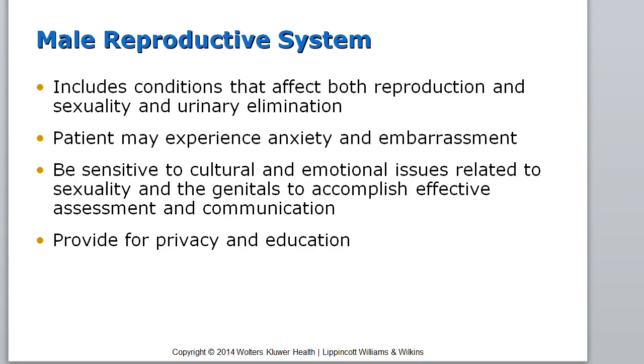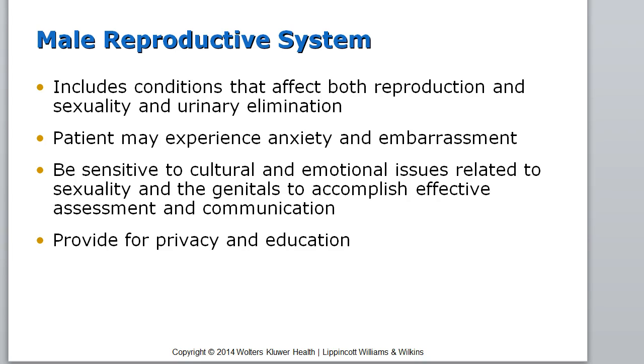To start with, when we talk about disorders in the male reproductive system, we refer to disorders that involve the urinary system and reproductive system. So remember, it's a very sensitive topic, and patients might have anxiety with that, some embarrassment, especially when it's regarding issues affecting sexuality and genitalia.